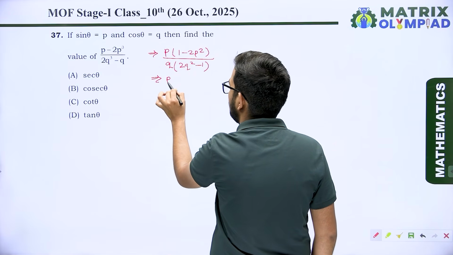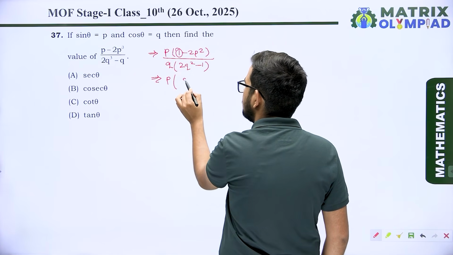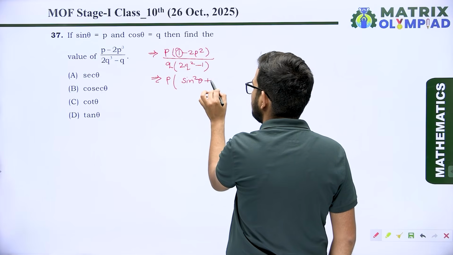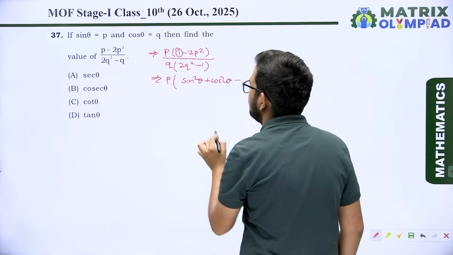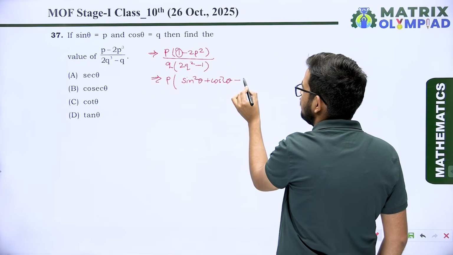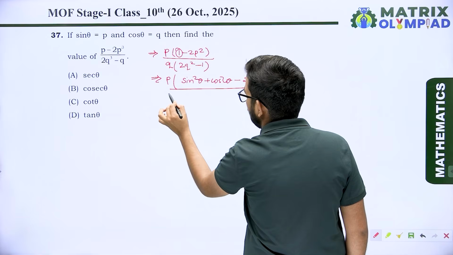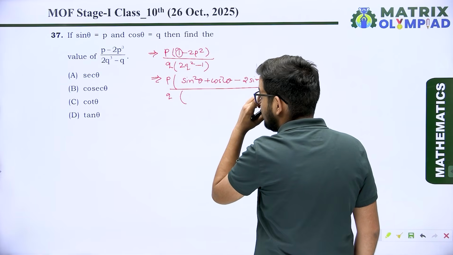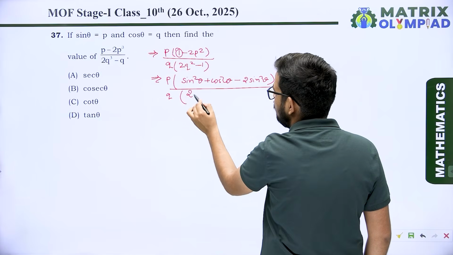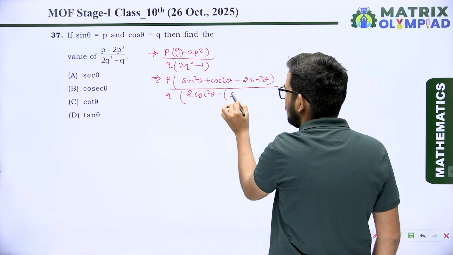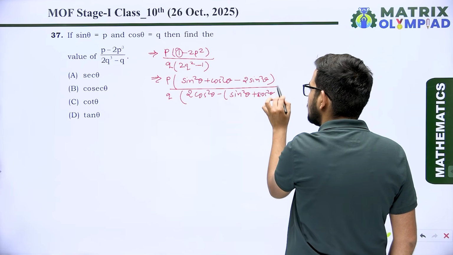So substitute: 1 will be sin square theta plus cos square theta, minus 2P square, that is 2 sin square theta, upon Q. For 2Q square, it means 2 cos square theta minus the value of 1, which is sin square theta plus cos square theta.